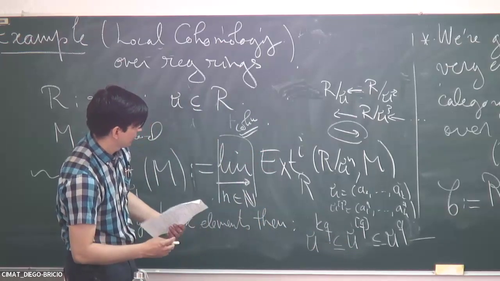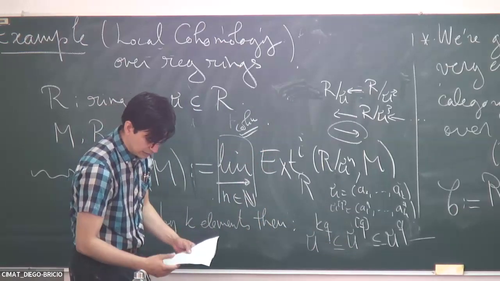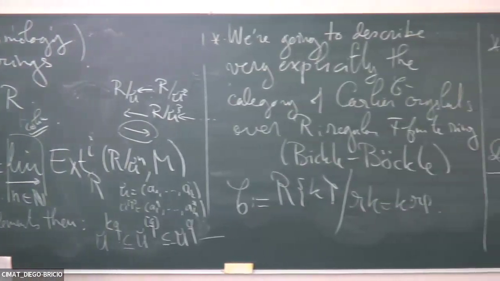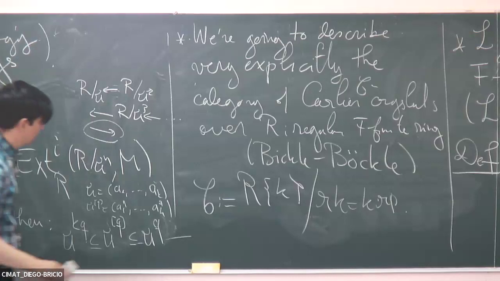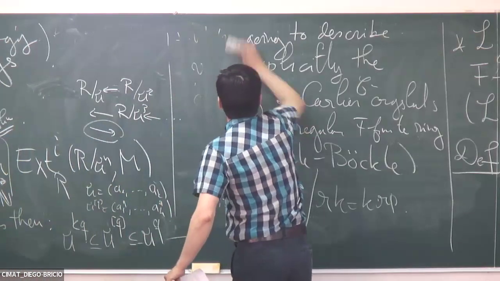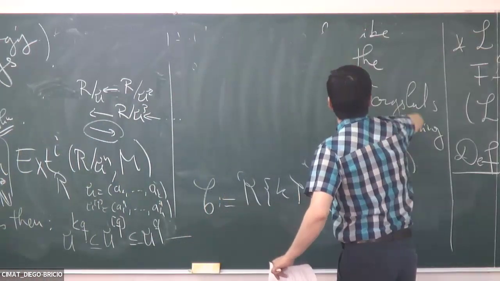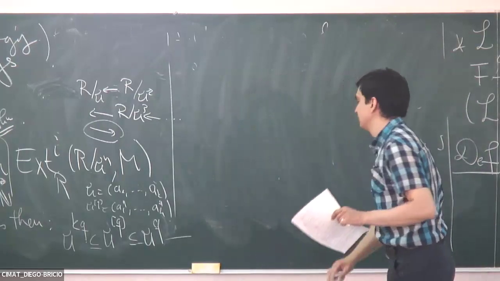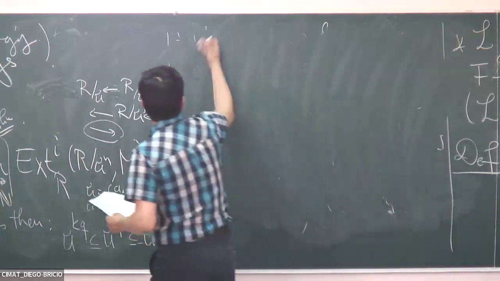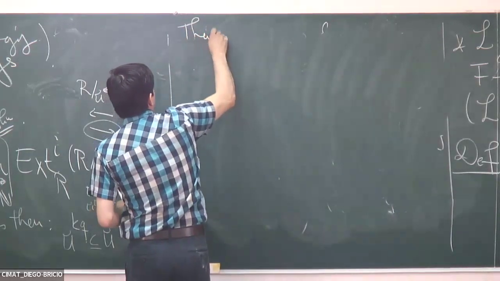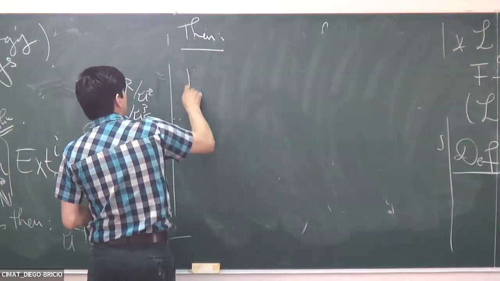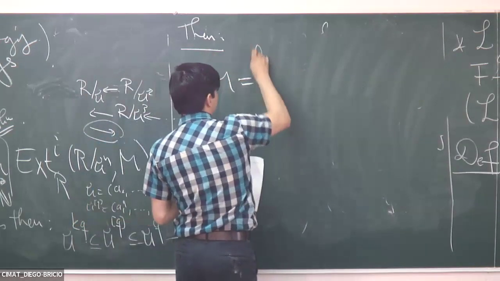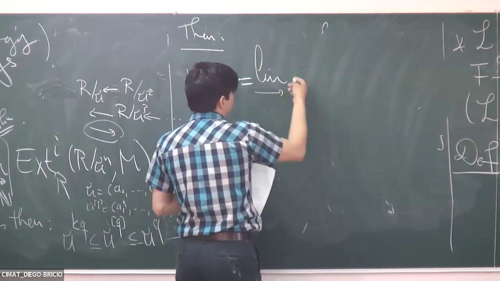And so what this means is that this exact same limit can be computed by the following. It's a very classic trick. Then this local cohomology module is going to be equal to the limit.